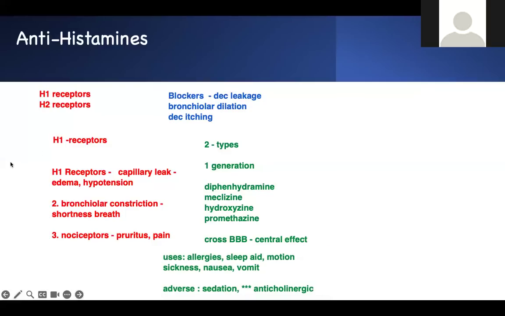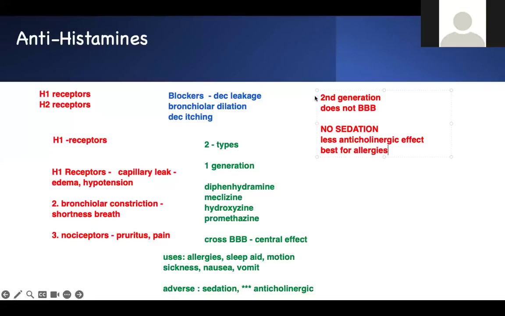The second generation H1 receptor blockers. So this is the second generation. They do not cross the blood-brain barrier, right? Therefore, no sedation. They have less anticholinergic effect. Okay. But what is the good thing? They are the best for allergies.